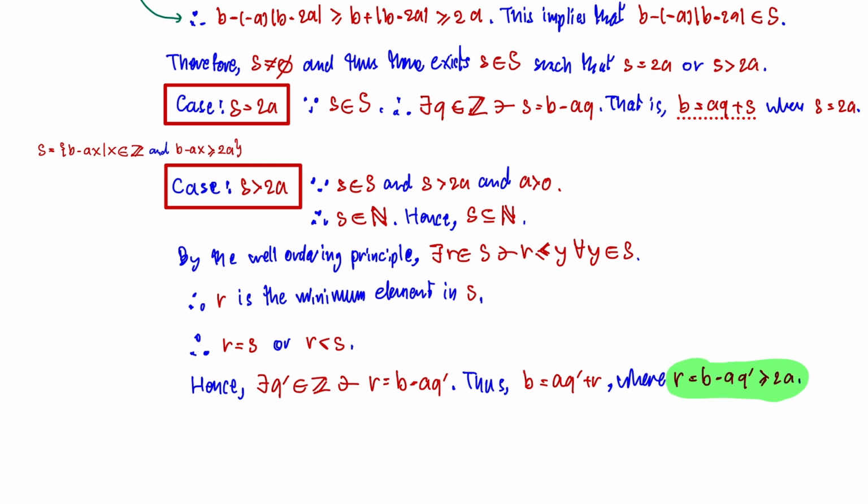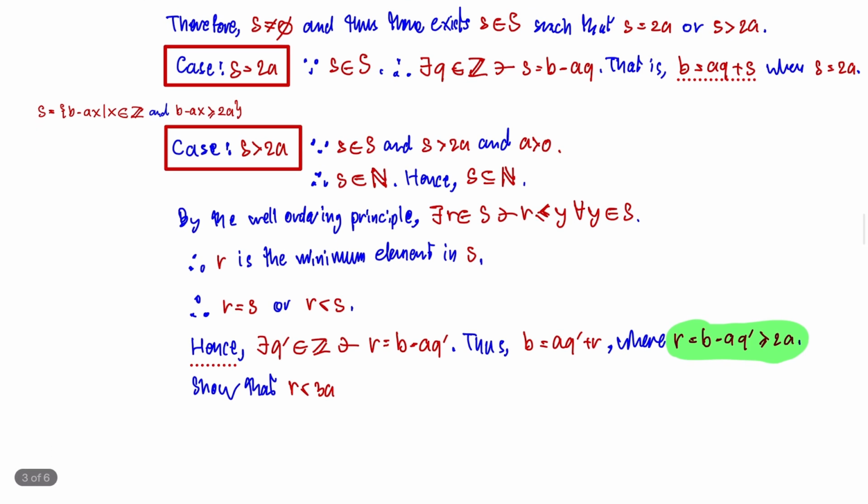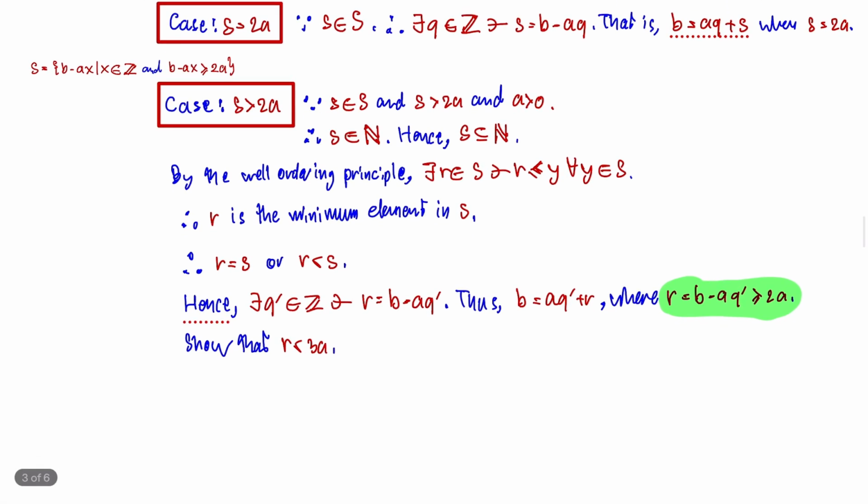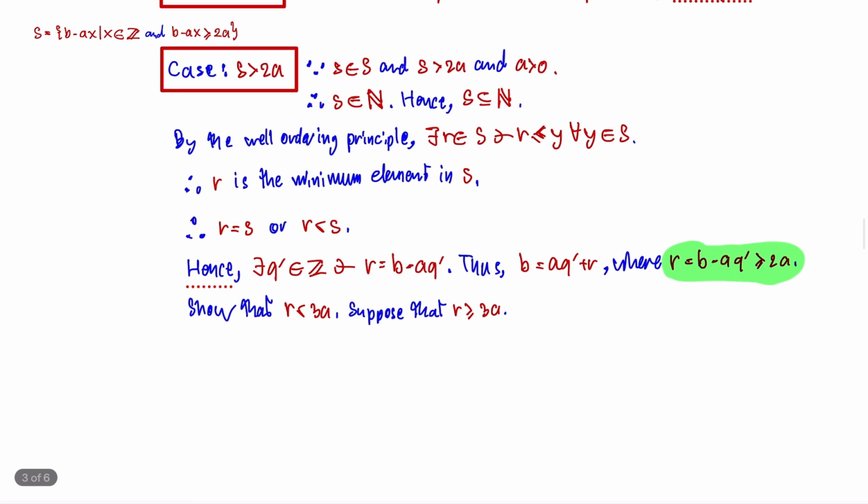Now, let's show that R is less than 3A. So what can we do with this? We will use a proof by contradiction by supposing that R is greater than or equal to 3A.